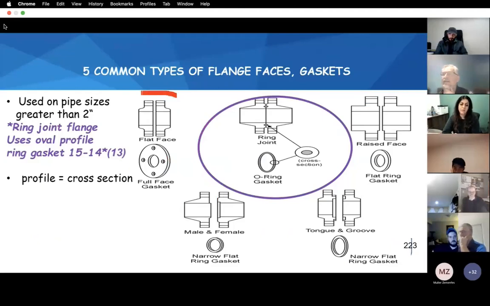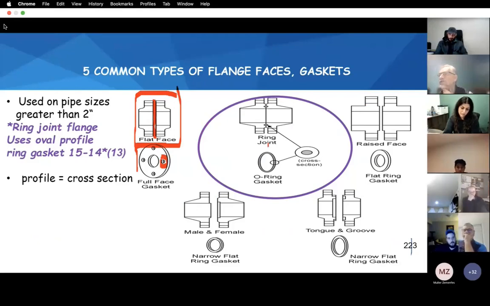Other flange types with different gaskets. If we have a flat face flange, the gasket is called full face. Notice that the full face means it goes from one face all the way to the outside edge. And because of that, it must have bolt holes, so the bolts could go through the gasket.